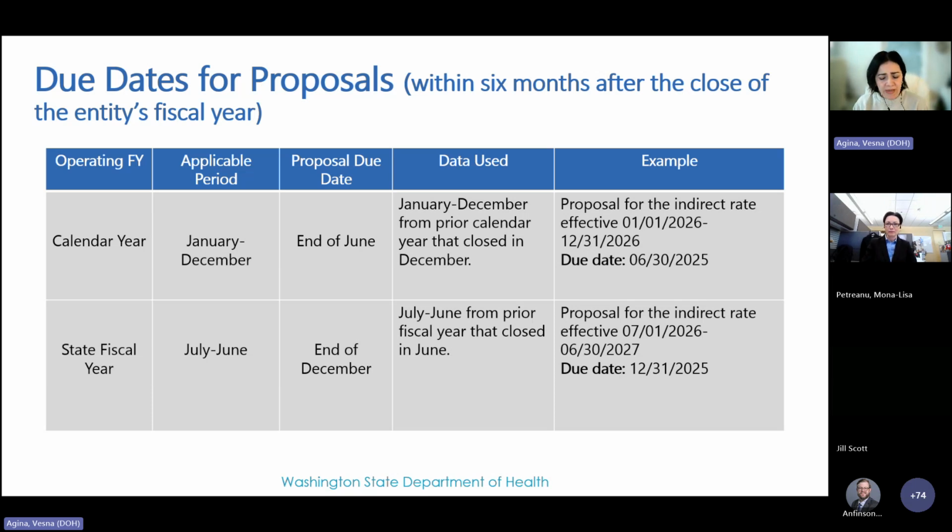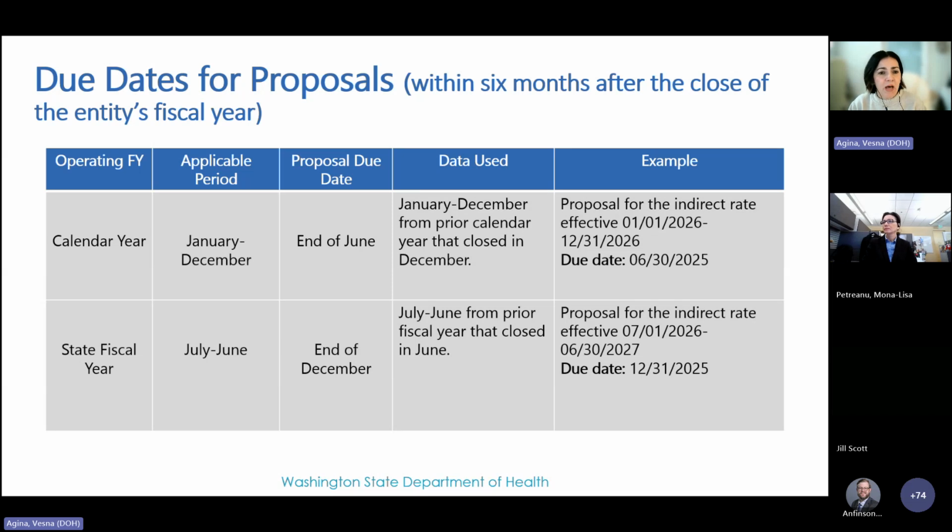So again, just keep in mind that they're due 6 months prior to the beginning of your fiscal year. I know there are many entities that operate on the calendar year, and the proposals technically were due July of last year, because again, 6 months prior.